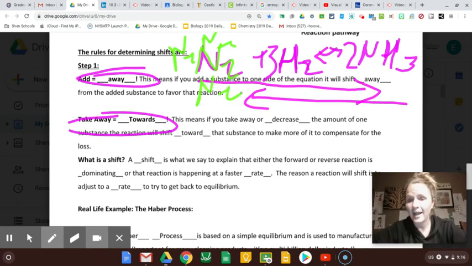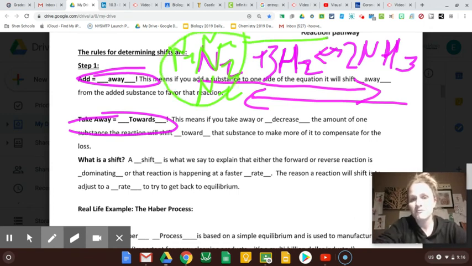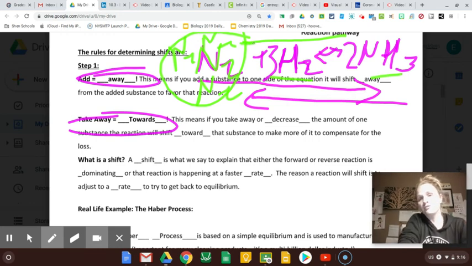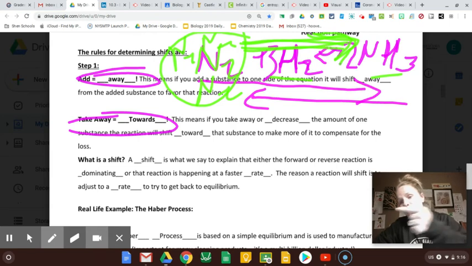All right, what's going to happen? Is there going to be more of the forward reaction or more of the reverse? Well, now we have more of this ingredient for the forward reaction. So we got more N2s to get together with H2s to make some nice NH3. So the reaction is going to shift this way because you have more of the ingredient to do this reaction.